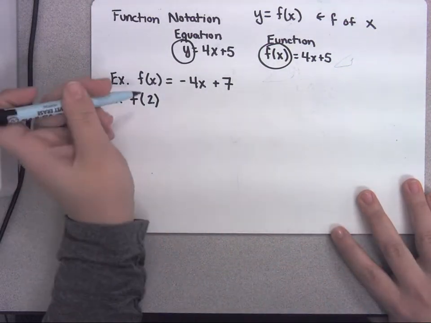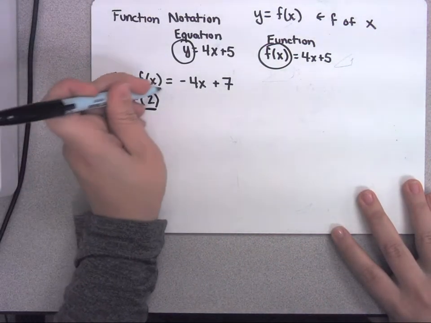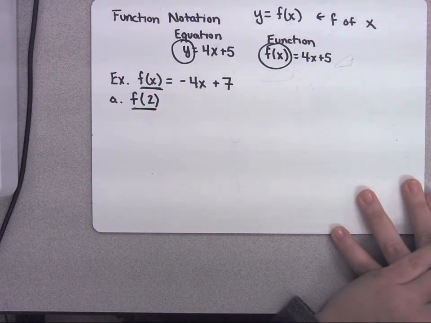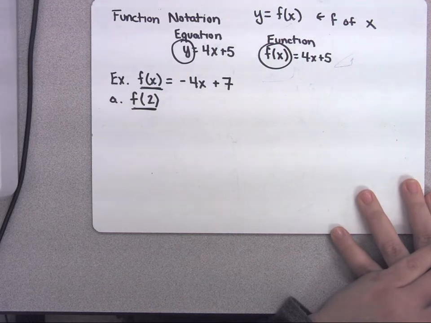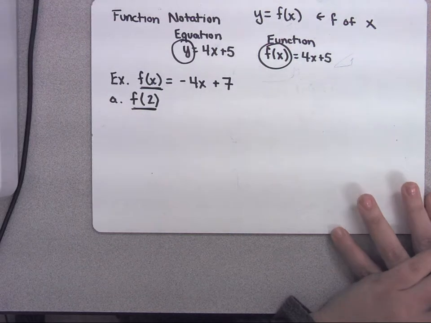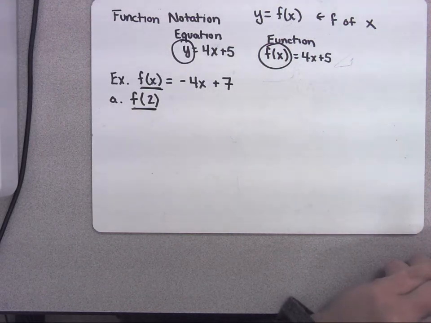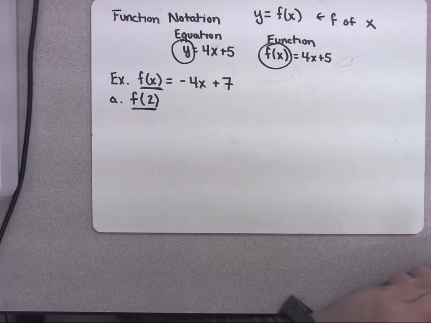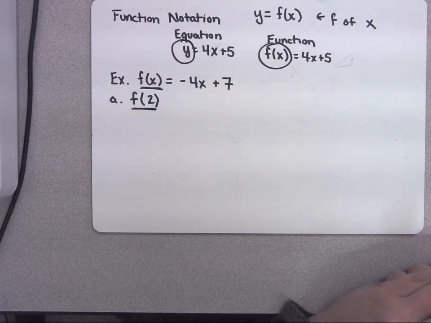That's what it says. What's the difference between this guy and that guy? The number 2 replaced what? X. What math word do we use instead of saying replaced or plug in? Substitute.